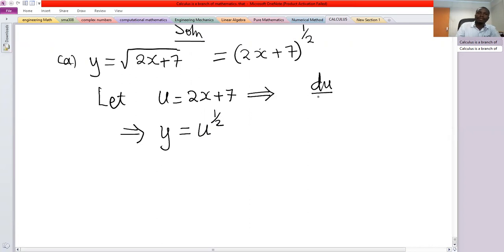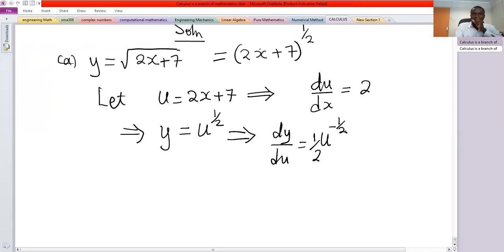Now from this, du dx will be given by 2. And from this one, dy du by power rule will be a half u raised power negative a half. So dy dx, which is what we want to get, is a product of dy du times du dx.